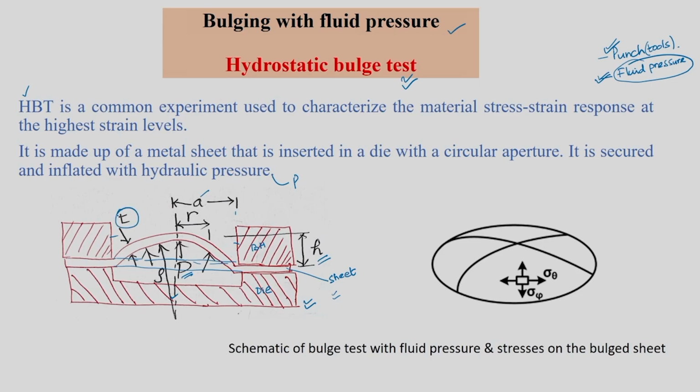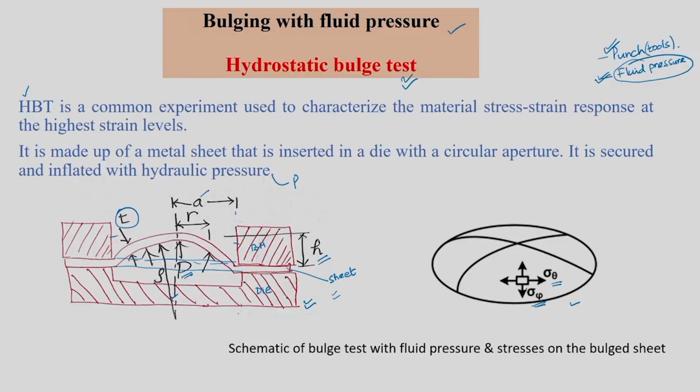You can pick up this A region only, and we can show this diagram of the state of stress. We know already that sigma theta is one of the principal stresses, and sigma phi is going to be another principal stress. Sigma theta is in the circumferential direction, and sigma phi, in deep drawing, was represented as the cup wall stress.